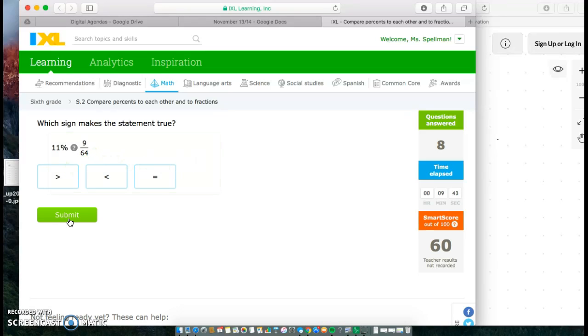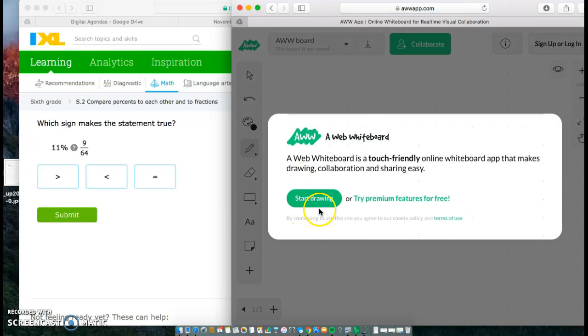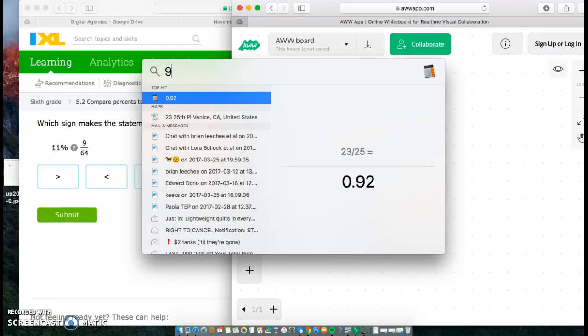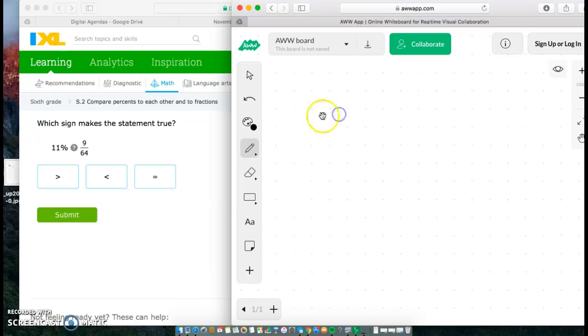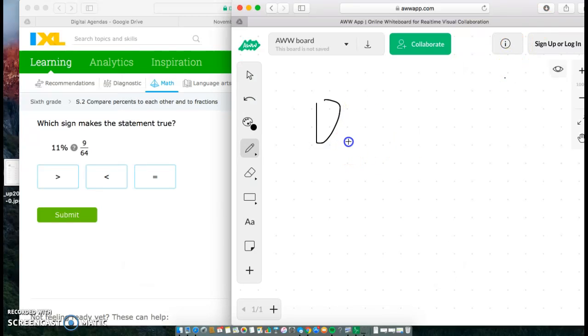Let's get a tough one here. Okay, 9 out of 64. That is not like your average fraction, so let's use our calculator for that. 9 divided by 64, 0.1406. So I'm just going to write 0.1406.